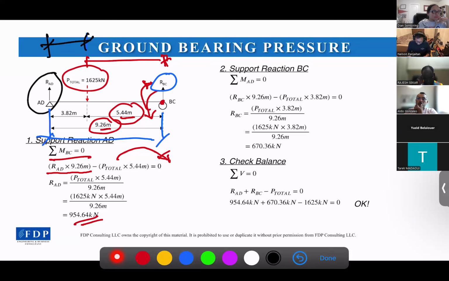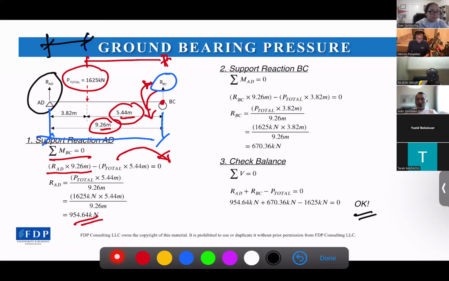So we got the reaction on BC is 670.36 kilonewton. And then we check the equilibrium to make sure that our reaction is correct. So RAD plus RBC minus P total, and then we got it equals 0. Then the reactions are correct here.